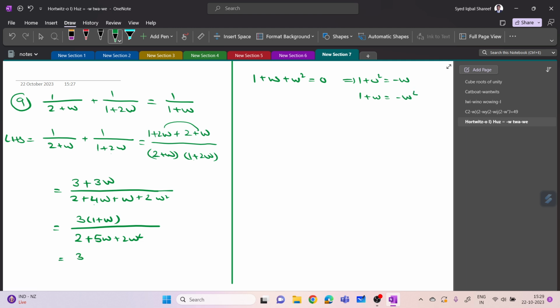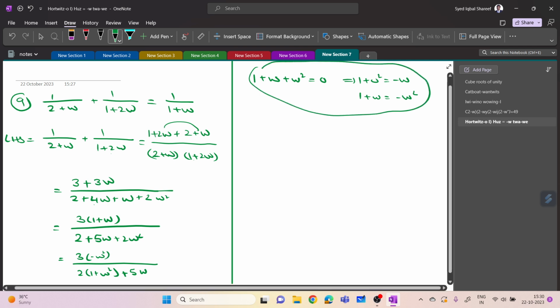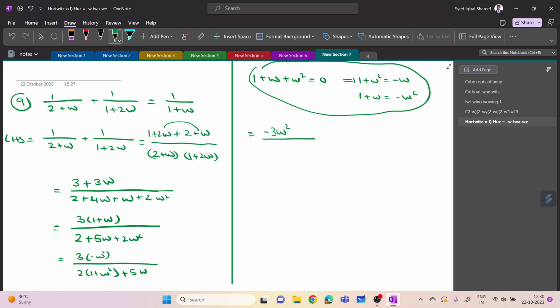So 3 into 1 plus omega is minus 3 omega square, divided by 2, if you take common, 1 plus omega square, plus 5 omega. This is the rough work, please, it doesn't come in the problem. 1 plus omega square is minus omega. So minus 2 omega plus 5 omega.